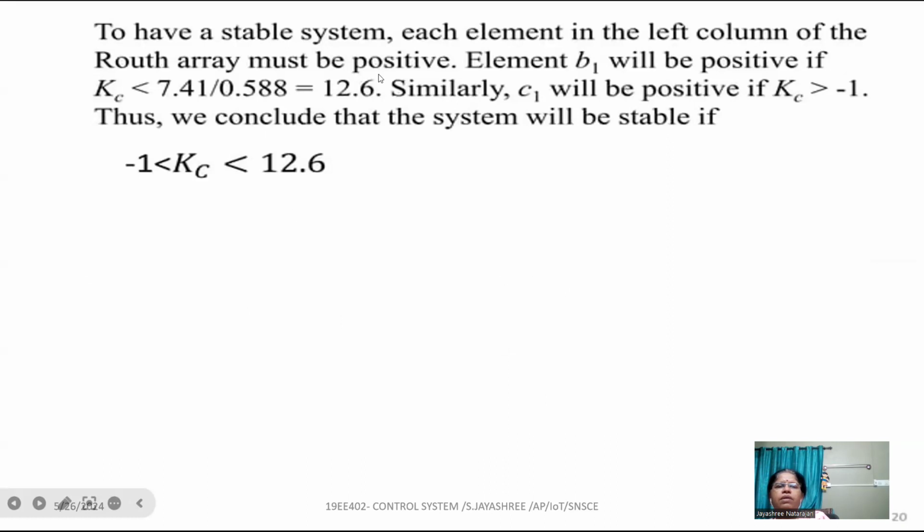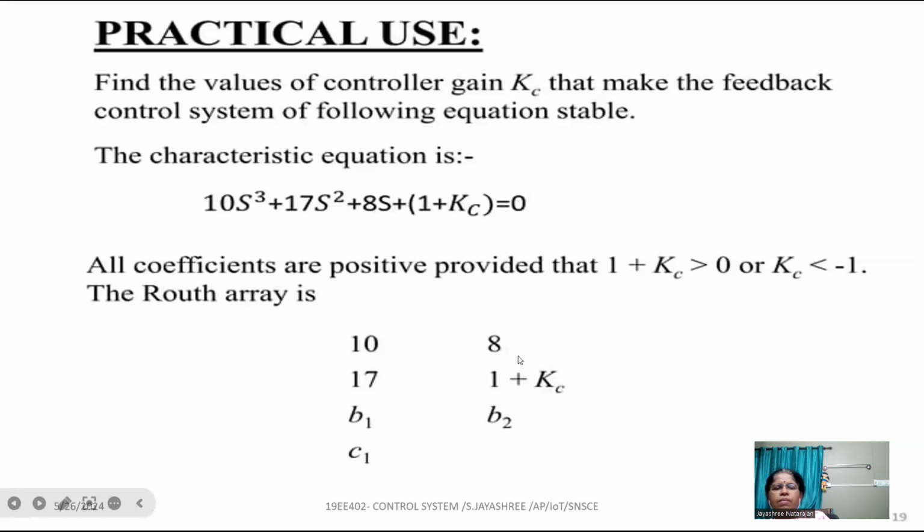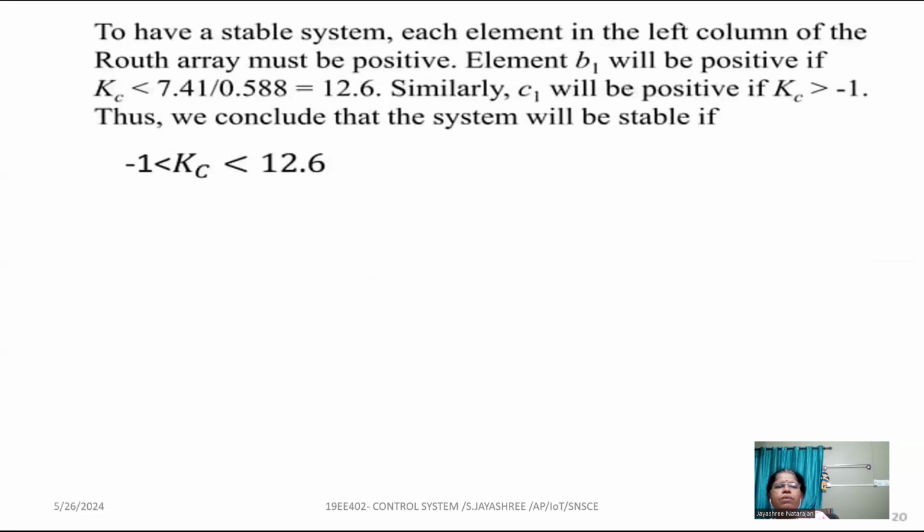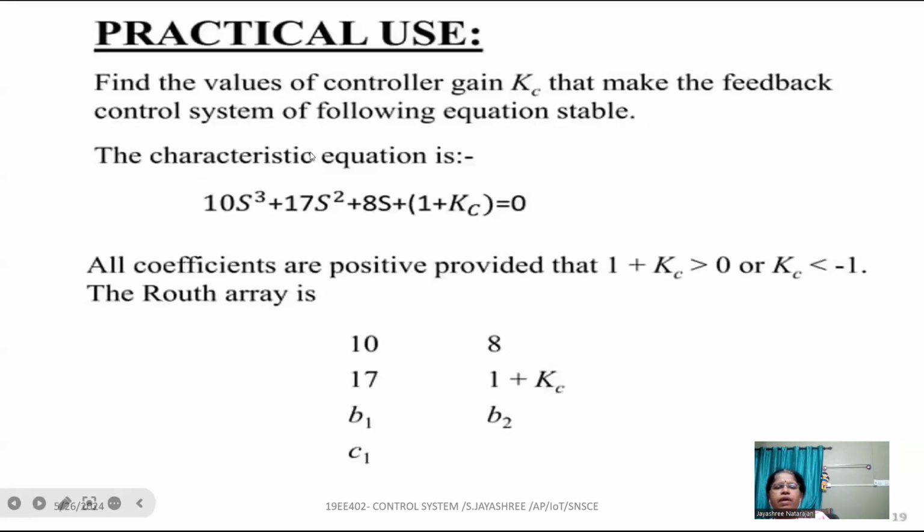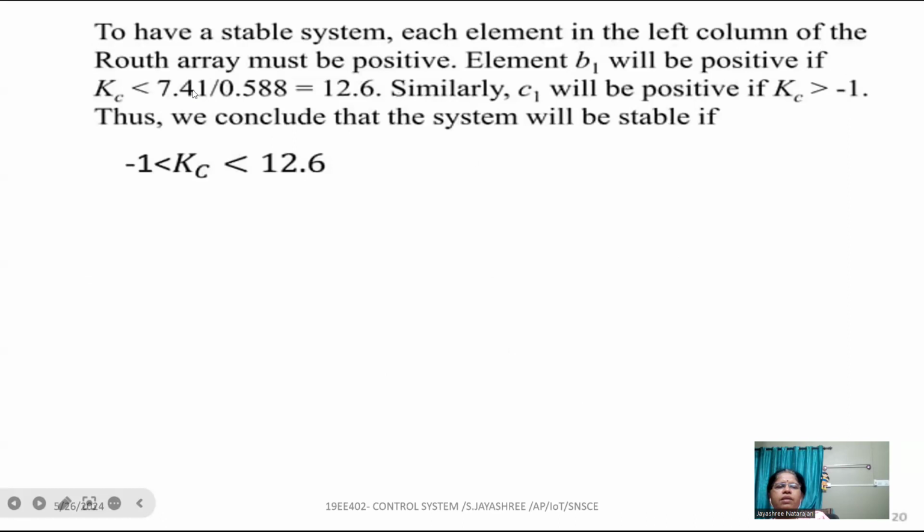To have a stable system, each element in the first column of the Routh array must be positive. Element B1 will be positive if Kc is less than this value, which we get as 12.6.